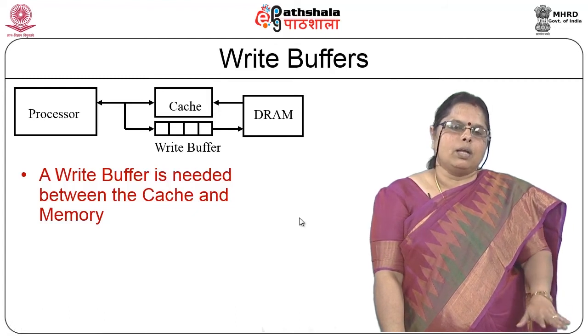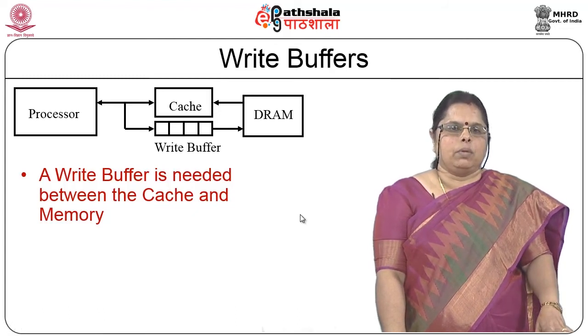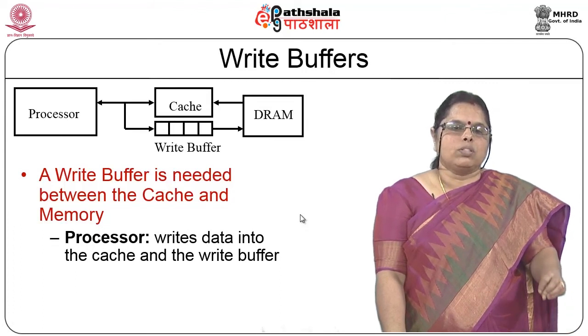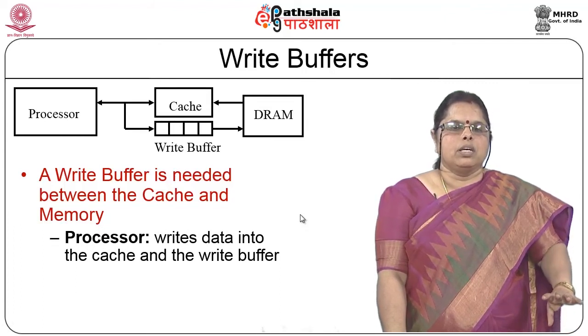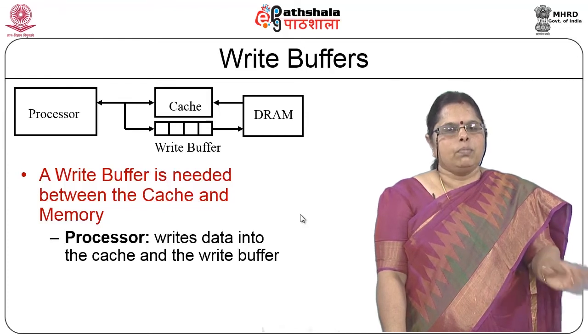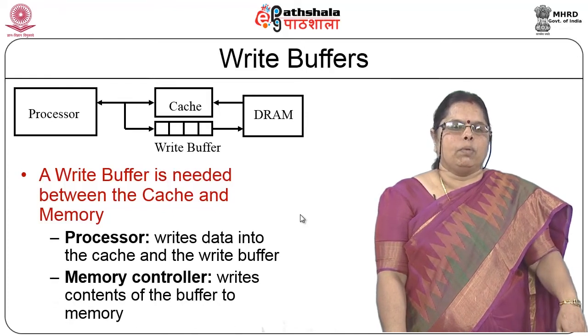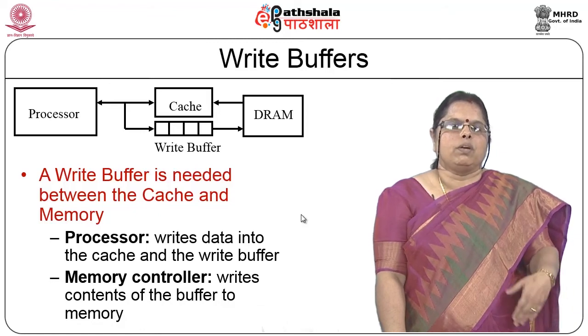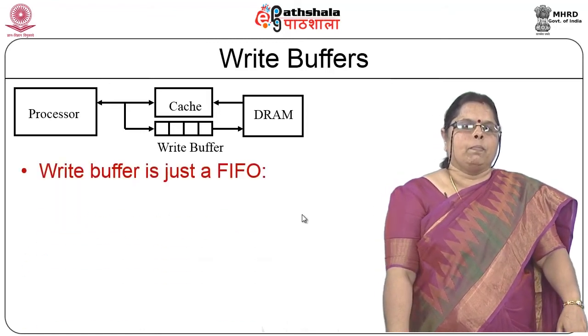So, the write buffer is brought between the cache and the main memory, and it is very useful. The processor writes data into the cache and the write buffer. From the write buffer, it gets transferred to your main memory. The memory controller makes sure that the contents of the buffer are transferred to main memory.